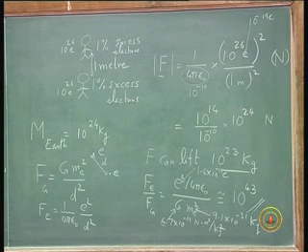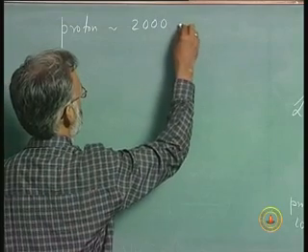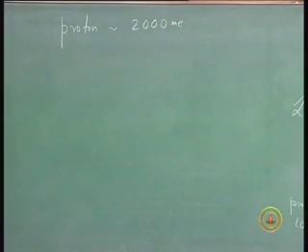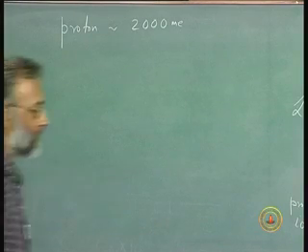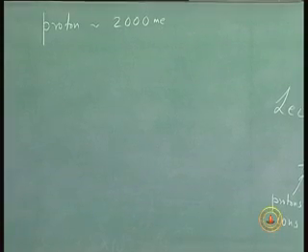If you took the proton, the proton has a mass which is around 2000 times, well 1800 and something times the electron. So, in that case, this ratio gets divided by 2000 squared.